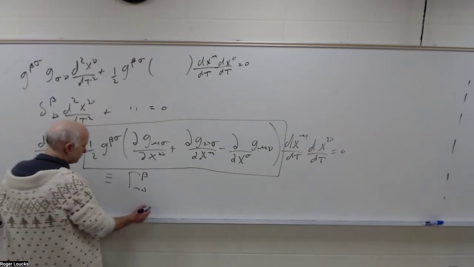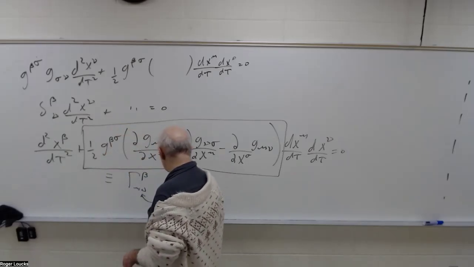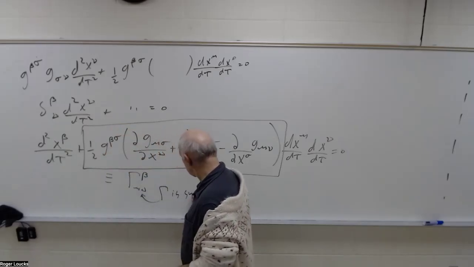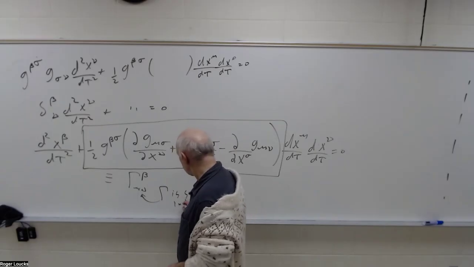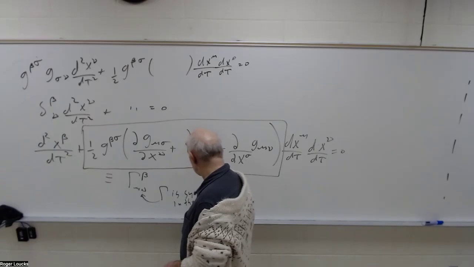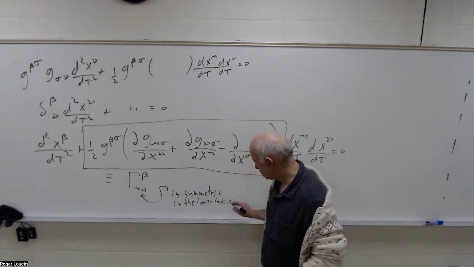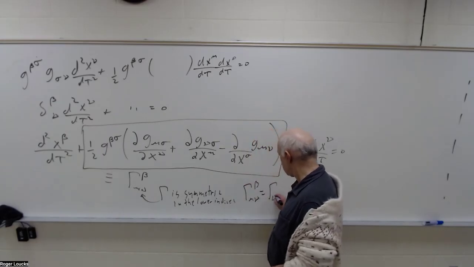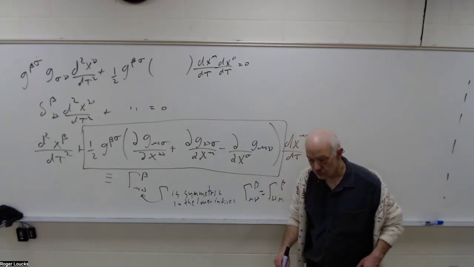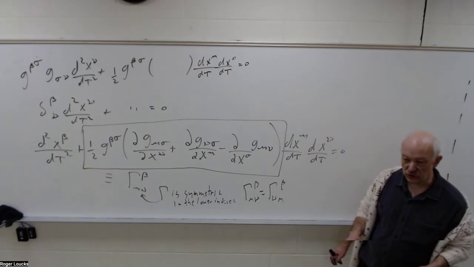And this right here, gamma, is symmetric in the lower indices. Well, this is the same as this. This is called the geodesic equation.